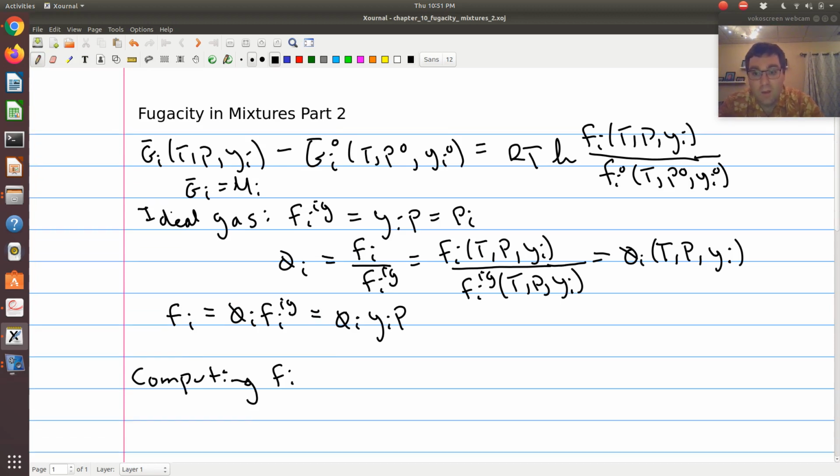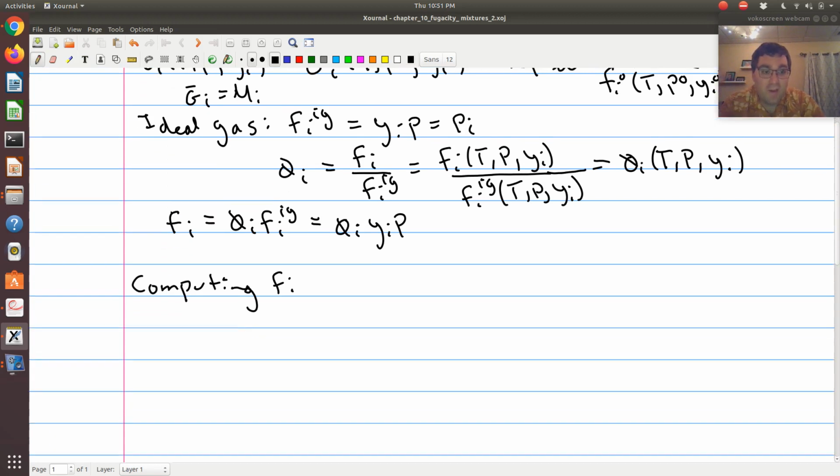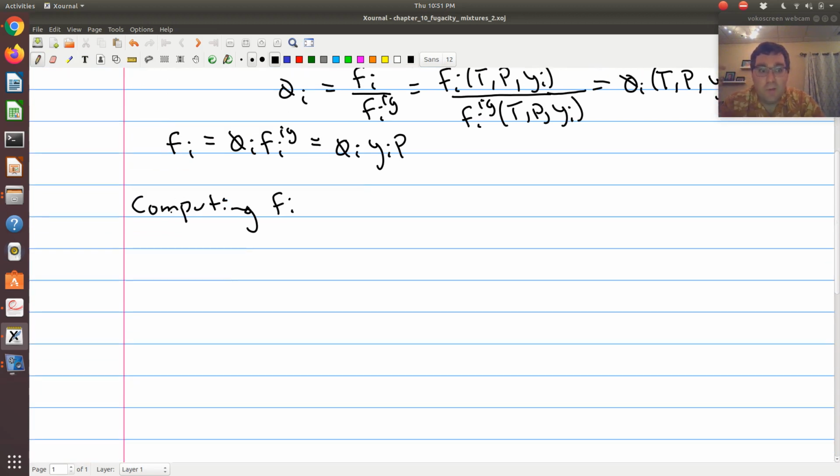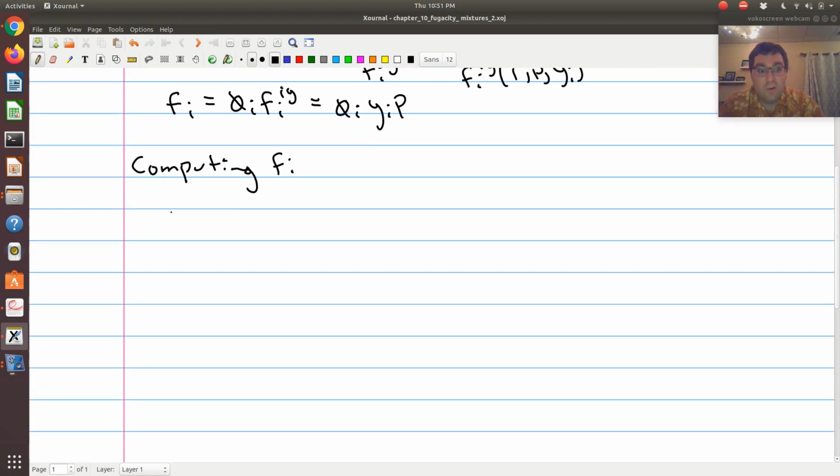So in terms of computing fi, the most common approach, especially when using a cubic equation of state, would be, by definition, G bar i minus G bar i naught is equal to RT log fi over fi naught.